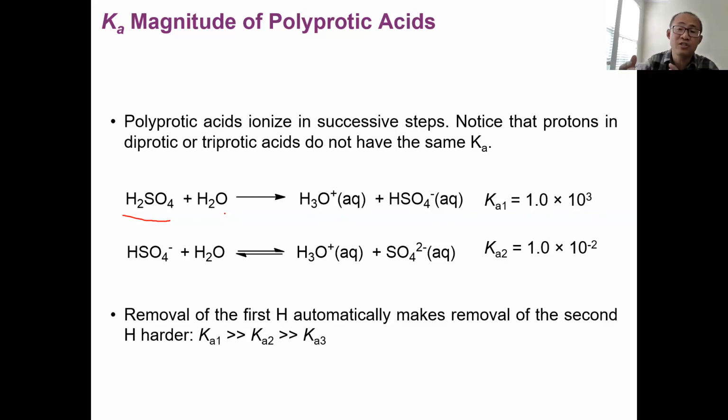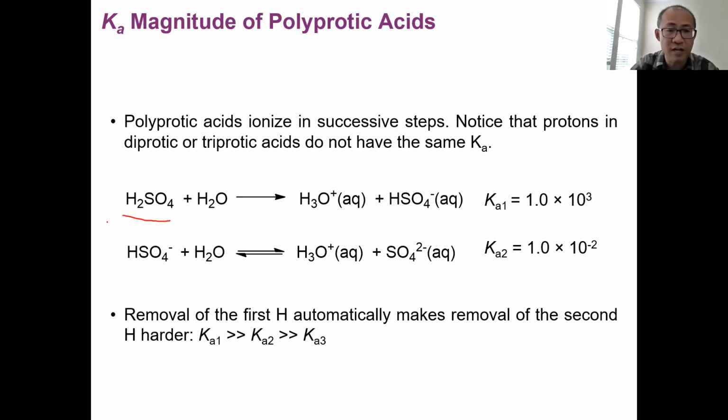But I always use the word potentially ionizable, because of the fact shown here. These 2 protons are not ionized at the same time. They're actually ionized in successive steps, one after another. And you can see that each step has its own Ka.